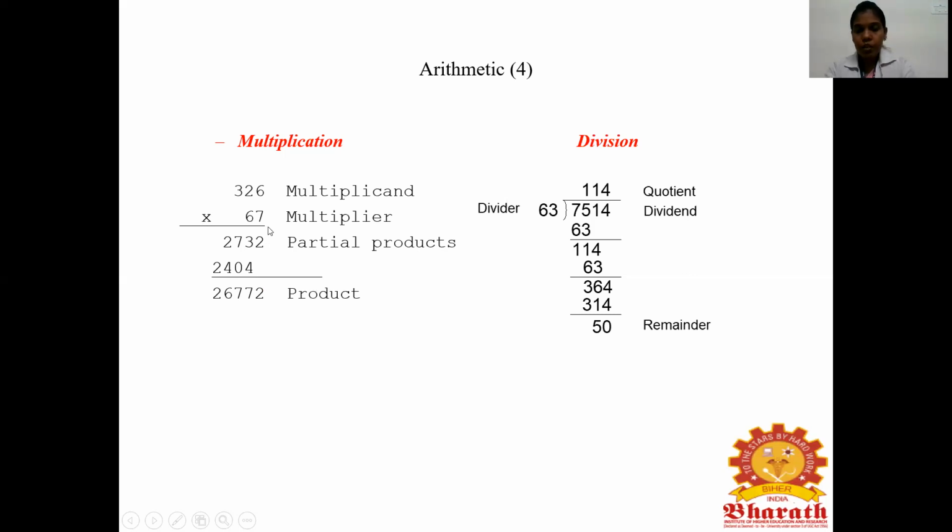We are going to see, 1 eight is 8, 2 eights are 16, 3 eights are 24, 4 eights are 32, 5 eights are 40. 6 eights are 48, that is greater than 42. So stop here, 5 eights are 40.